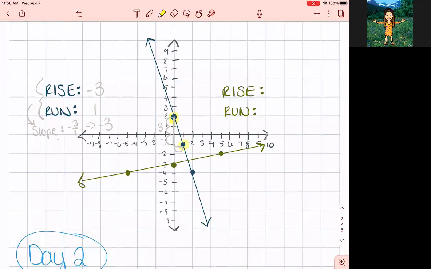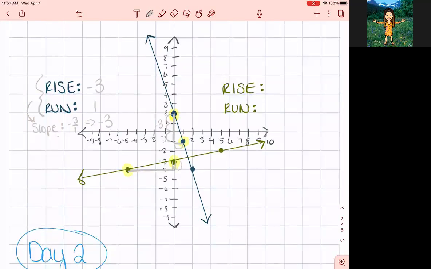So again, it doesn't matter which 2 dots we choose. You just need to pick 2 dots on the line, and then you connect them. So this one, I go up. So the rise of this is +1. The run is going to be 1, 2, 3, 4, 5.